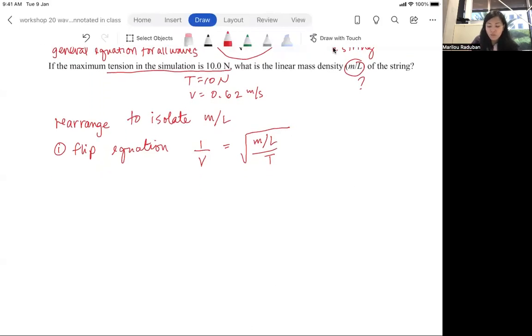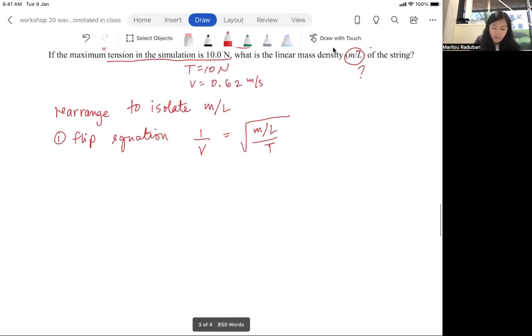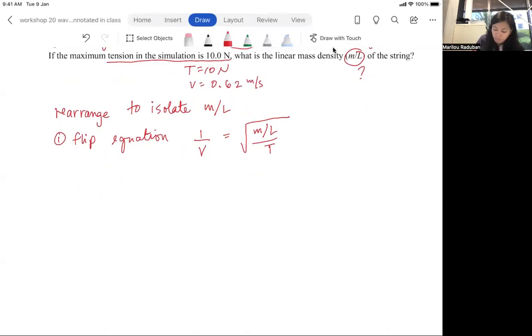So all we did was flip both sides of the equal sign so that V becomes 1 divided by V, and the right side becomes the square root of M over L divided by T. That makes it easier to isolate M over L. I'll do the rearranging by building up the equation.